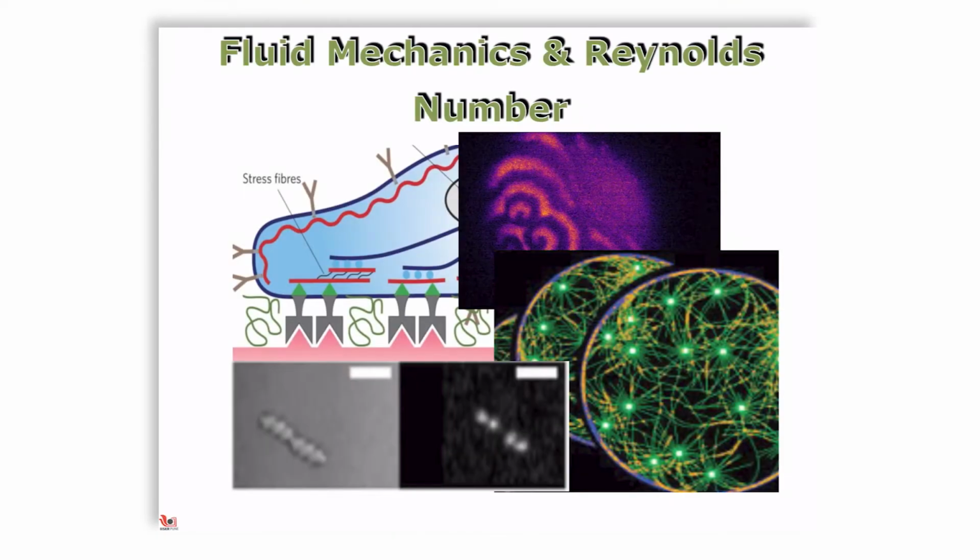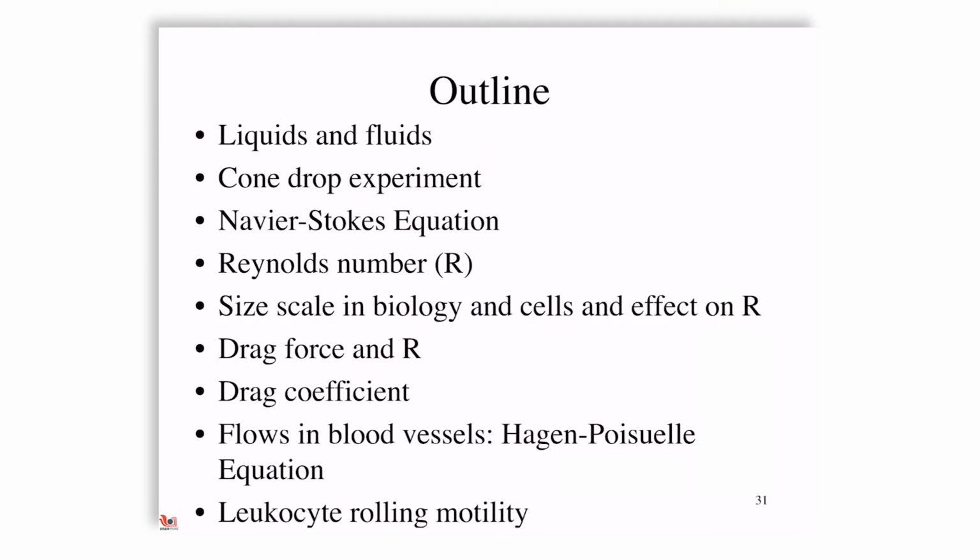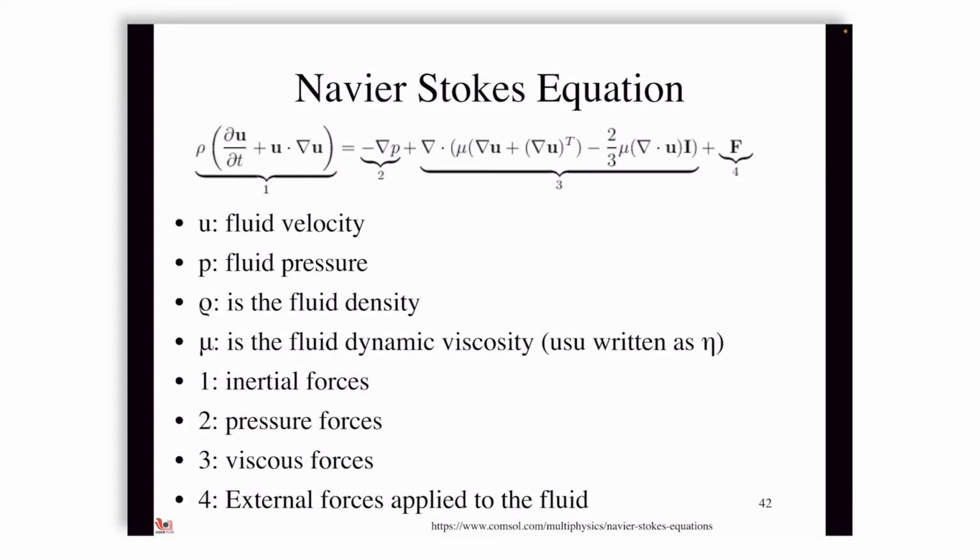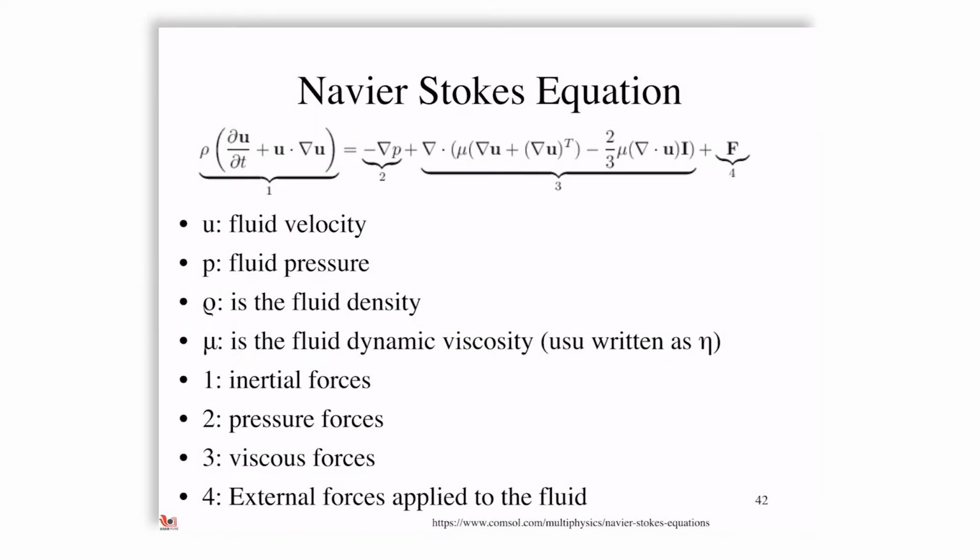Hi. So we're going to continue on the tutorials with a discussion of the Navier-Stokes equation, where we will introduce this fundamental equation to fluid mechanics, which has four basic terms: inertial forces, pressure forces, viscous forces, and external forces.